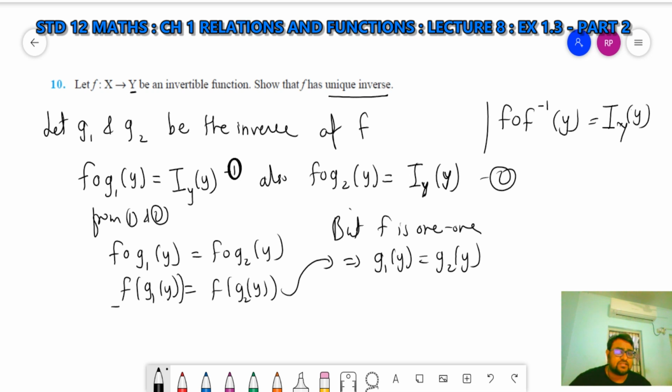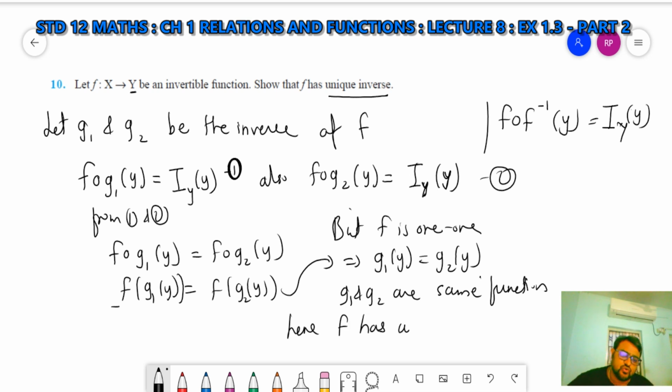So see, that means g1 and g2 are the same function. That means the inverse is the same. Hence, f has a unique inverse. Okay, so that was about question number 10. So just note it down.